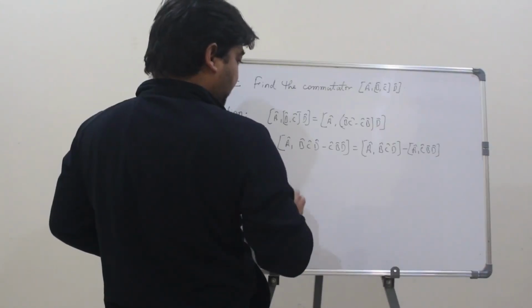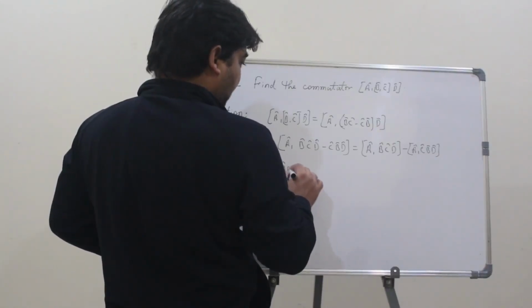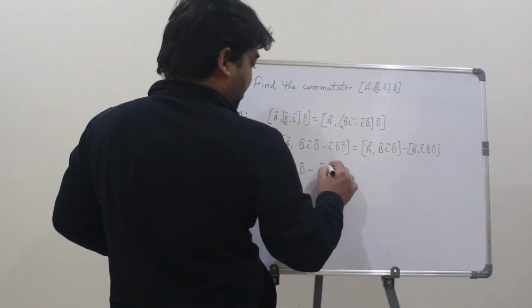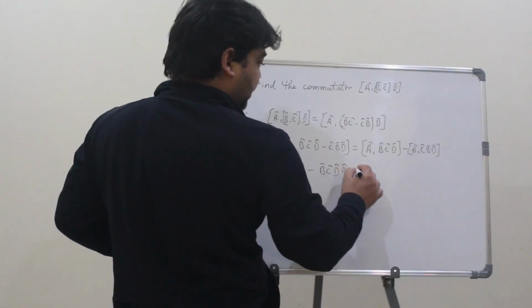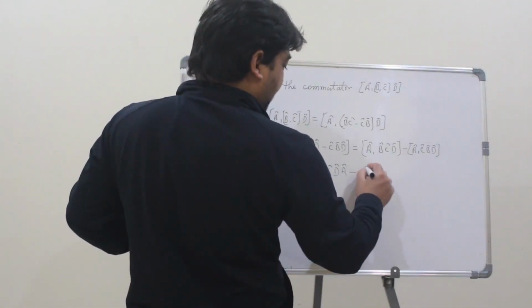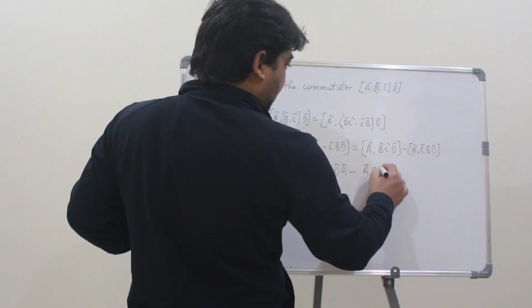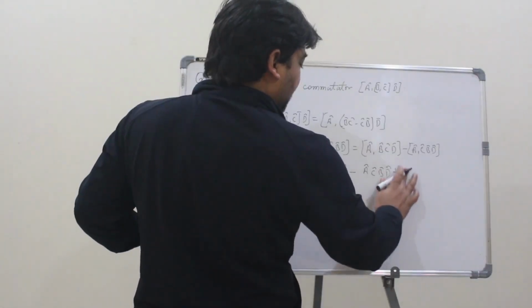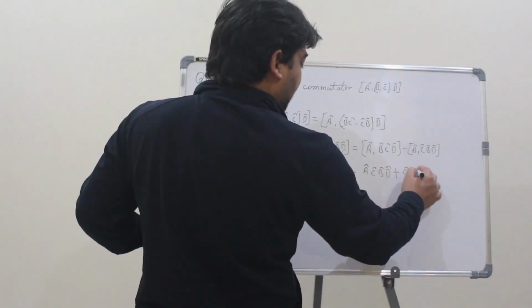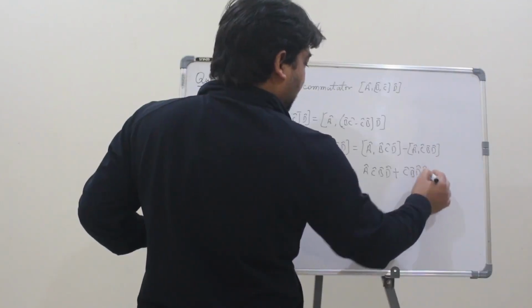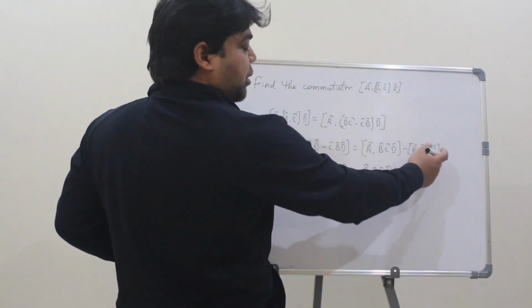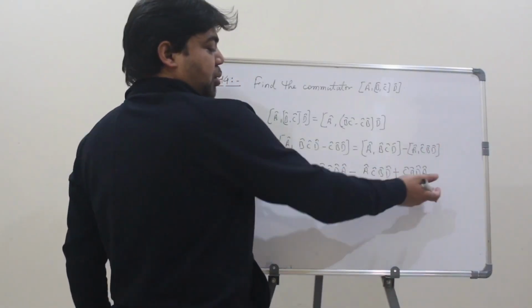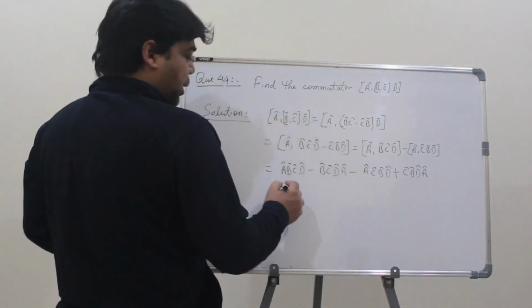You can write it as A B C D minus B C D A, and minus A C B D plus C B D A, as the minus between in the bracket will be multiplied, giving the sign. So this is what you will get.